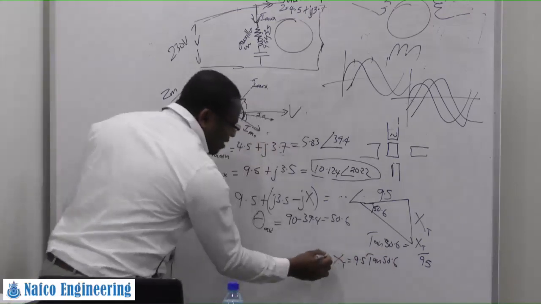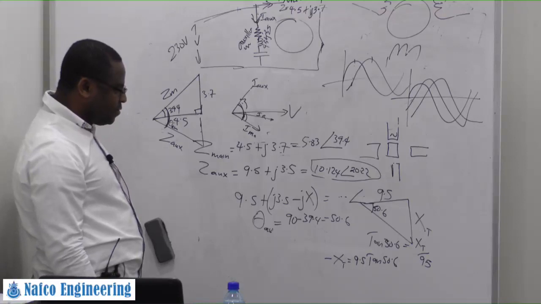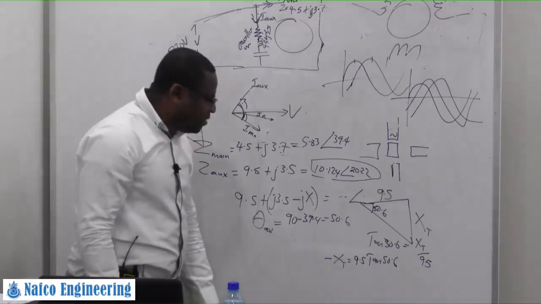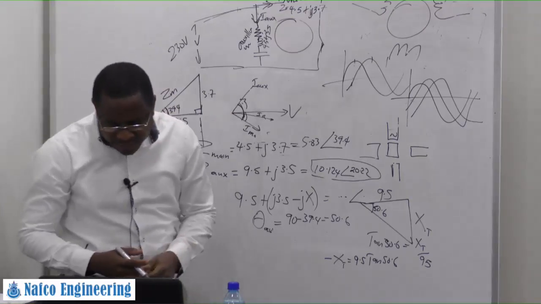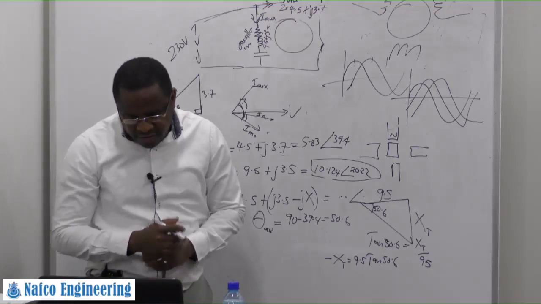But this X is capacitive. Okay, it's capacitive, all right? So what is it? 9.5 times tan 50.6, what do you have?